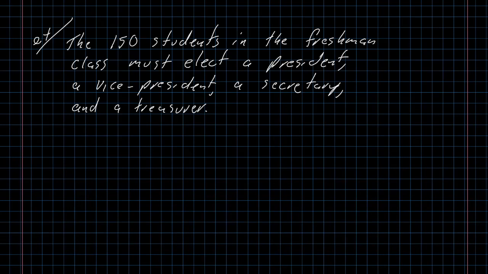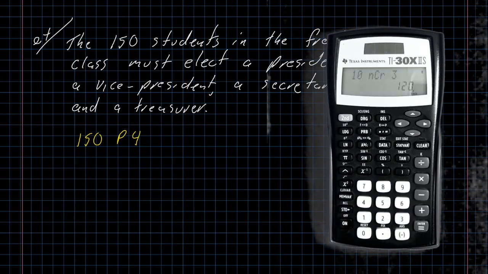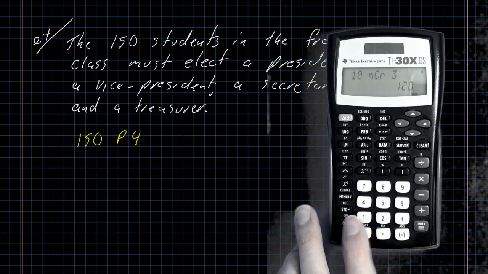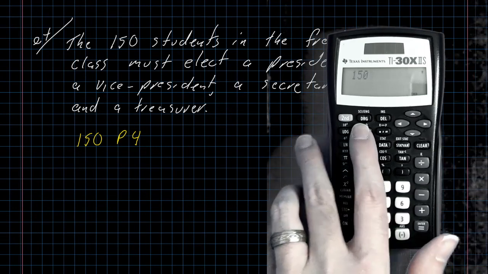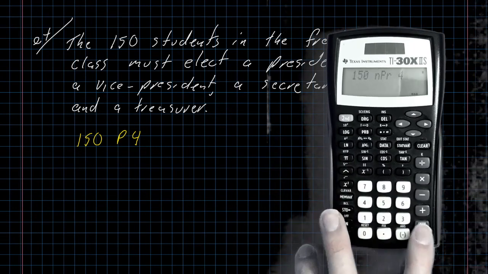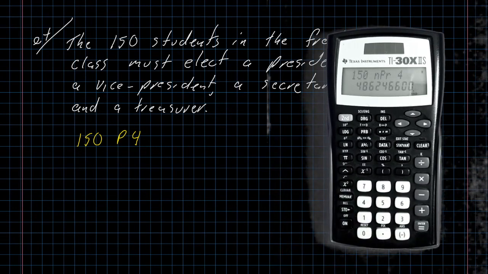The order that we elect these 4 people out of the class makes a difference. And because the order makes a difference, we're going to want to use the pick function. So we will take 150, we will pick 4, and we will get a ridiculously large number.